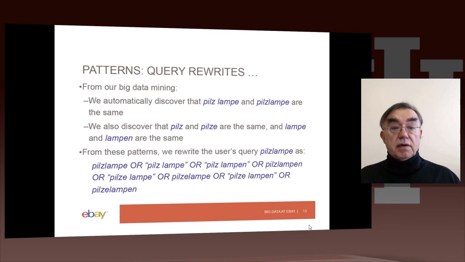And this is a very good example of data discovery, because you can have a principle that whenever there's Z followed by L, you insert a space, but that may not be very accurate. Here, we're actually using the data to show that pills followed by lamp, you should put the gap as a possibility.